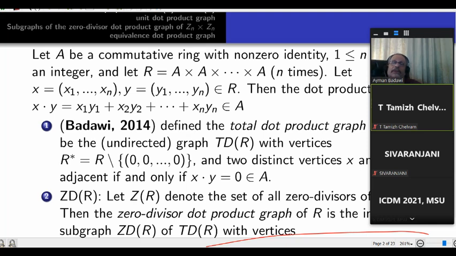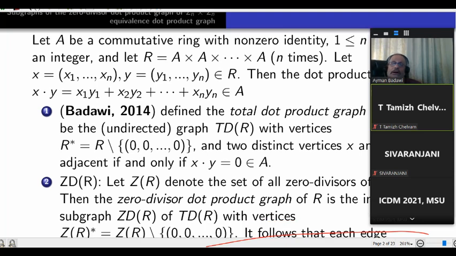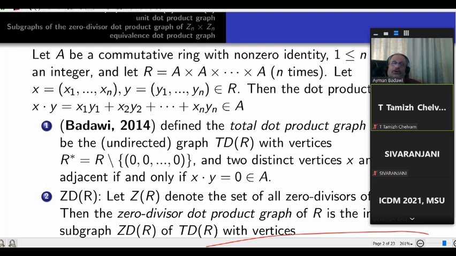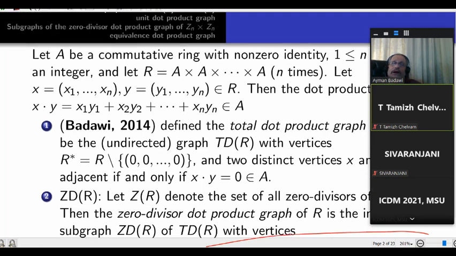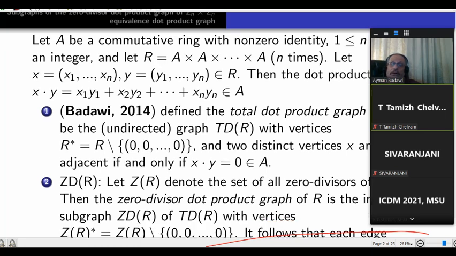So to follow my talk, you only need to know the definition of the total dot product, and you need to know what R is. R is a product of n copies of commutative rings.